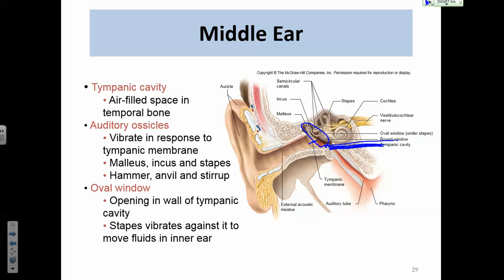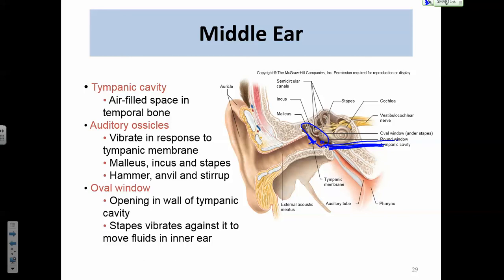But also, whenever an infection occurs, inflammation can occur, and during inflammation, excess fluid is produced. And here, fluid's going to be produced in an area that should be just air. And so if that fluid builds up, it causes pain in the pain receptors. But do you see how that fluid can push against the tympanic membrane from the backside? And again, it's going to limit its movement.